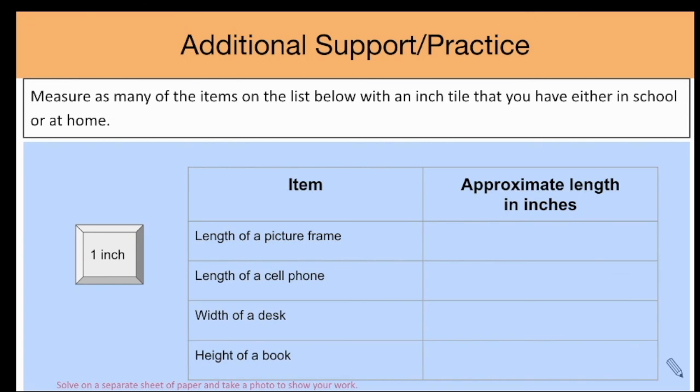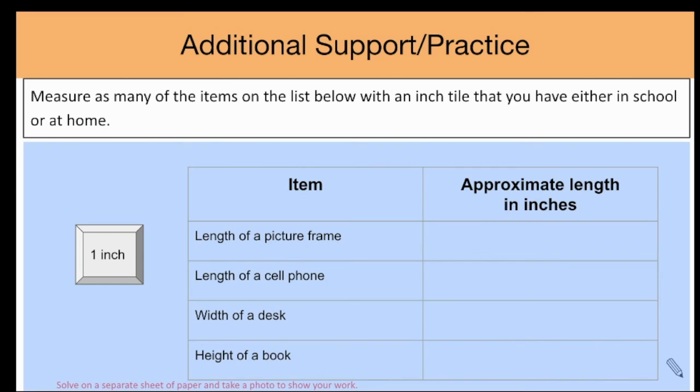You may want to trace that inch tile on the sheet of paper several times and cut out a few more inch tiles with your grown-up. It will be easier for you to measure the objects with more than 1 inch tile. Once you have cut this out, you can now go on your scavenger hunt to find and measure these objects around your home.